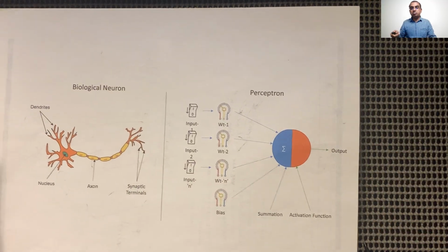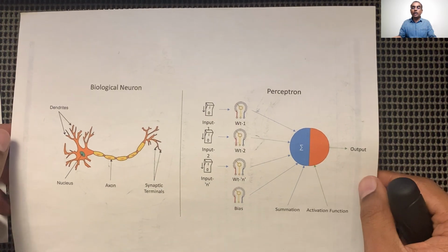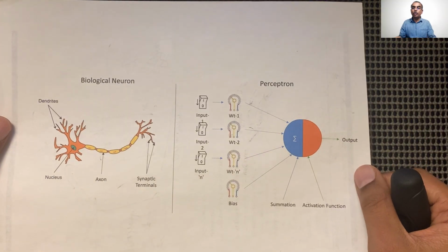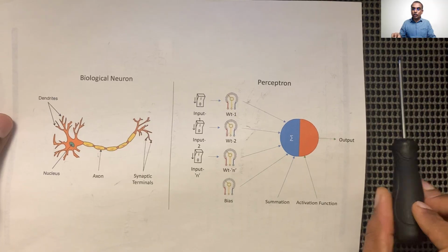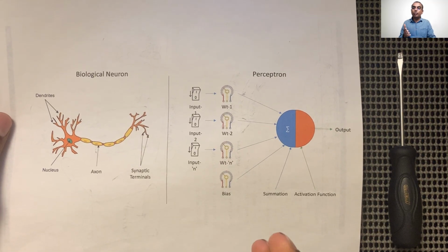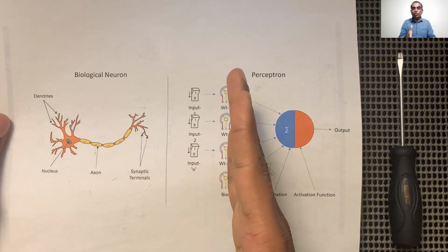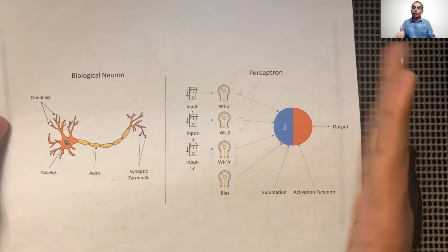Okay, what is a perceptron basically? It's a simple type of artificial neuron that is used in neural networks. They were inspired by biological neurons, and perceptrons take multiple inputs, multiply these inputs with weights, and then apply an activation function to produce an output.